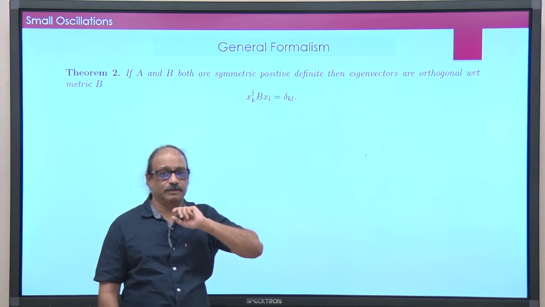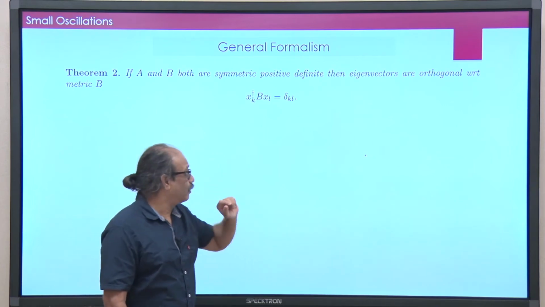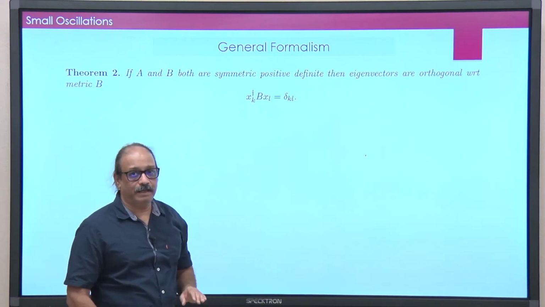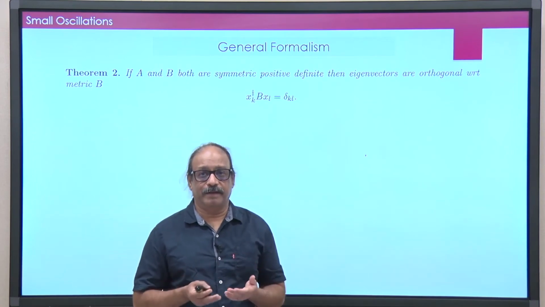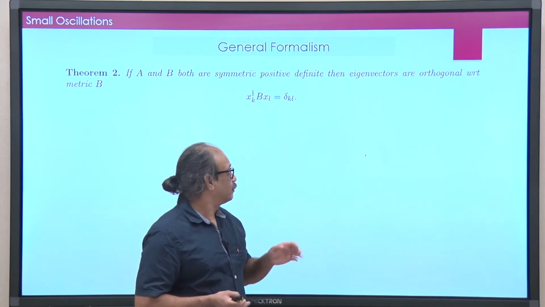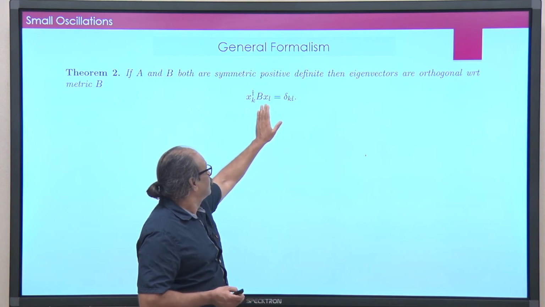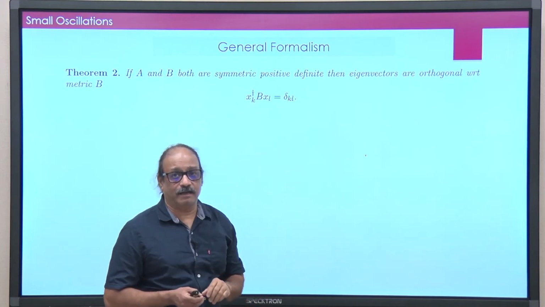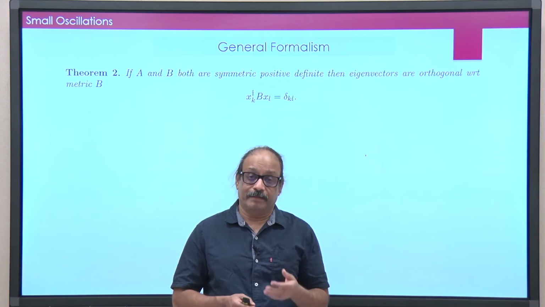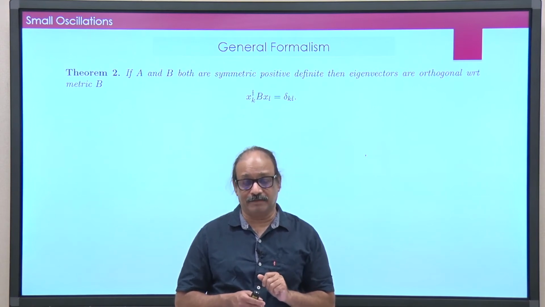It is not difficult to see why we call them orthogonal. If B was an identity matrix, then this looks like x k dagger x l is delta k l, but that is exactly what orthogonality stands for.